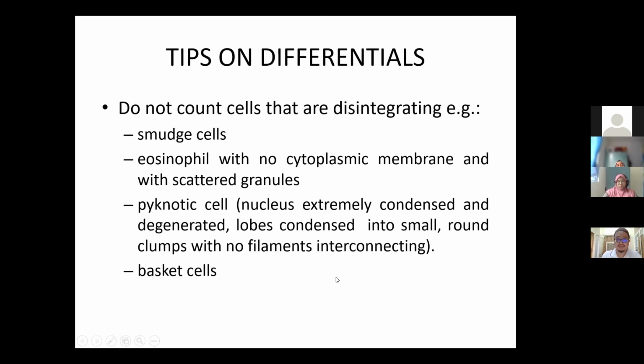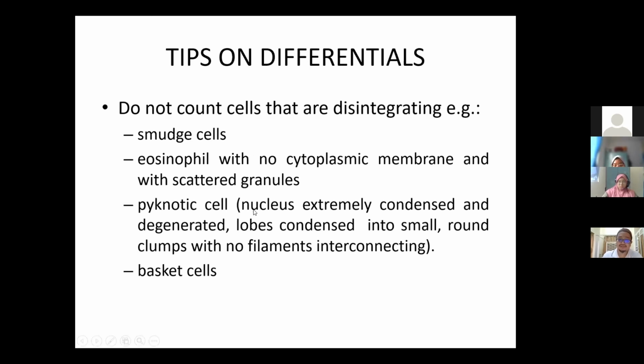Okay. Tips on the differentials. Do not count cells that are disintegrating, like smudge cells, eosinophils with no cytoplasmic membrane, eosinophils with scattered granules. These are indications that they are disintegrating. They are at the end of their life, or something abnormal is happening and they need to be destroyed.